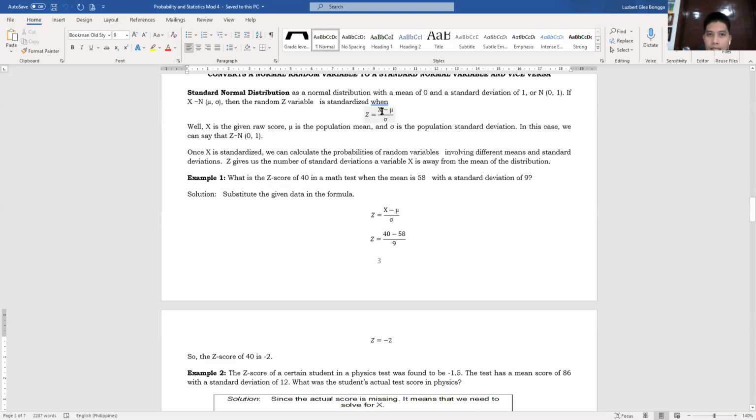Here, x will be our raw score, mu is our population mean, and sigma is our population standard deviation. So this is how to convert a raw score into a z-score. Later on, we will learn how to convert a z-score into a raw score.